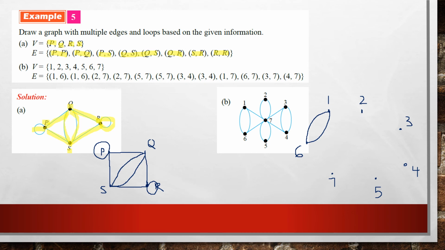Okay, 2, 7. So multiple edge. Okay, next 5, 7. 5, 7 also a multiple edge. Wait, 6, 7 also. We have, okay. So, multiple edge already.